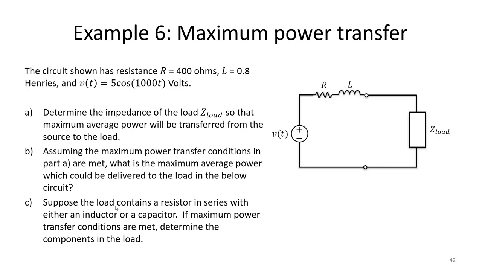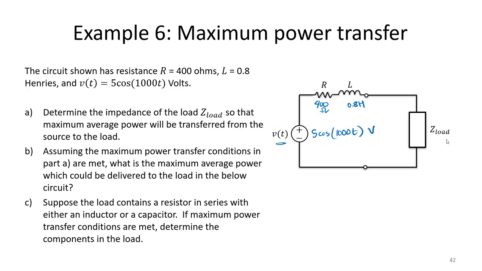So here we have a circuit, and we are given that we have a 400 ohm resistor, a 0.8 Henry inductor, and our source voltage is 5 cosine 1000t volts.